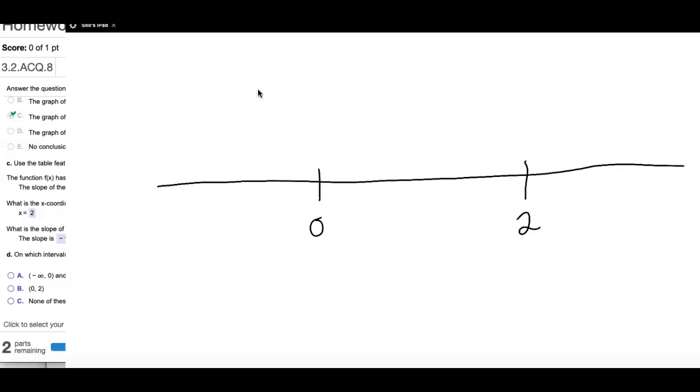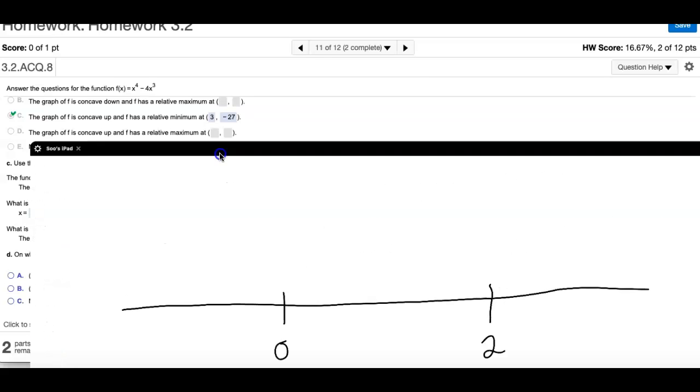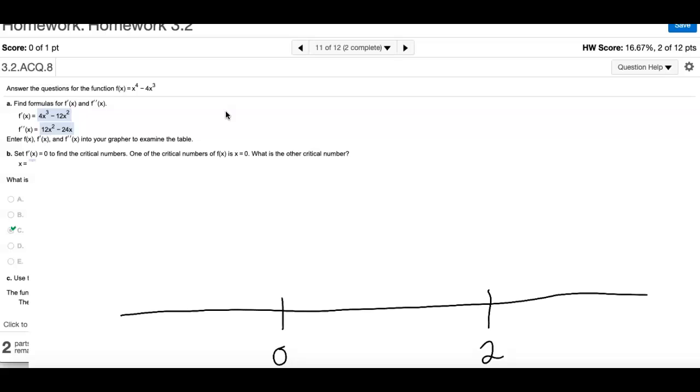The second derivative, let me write it down over here. I can't remember what it is. Let's see. The second derivative is f double prime equals 12x squared minus 24x. Hey, you know what?